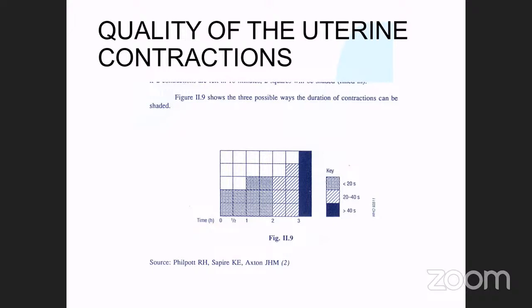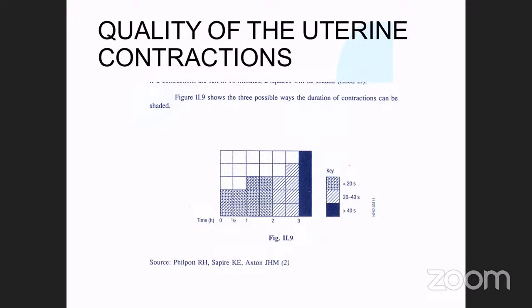If she's having contractions less than 20 seconds, that's a weak contraction, and you put dots inside the appropriate box, whether 1 or 2, depending on the number of contractions. If she's having contractions lasting between 20 to 40 seconds, it's a moderate contraction, and you draw hatched, slanted lines in the box.